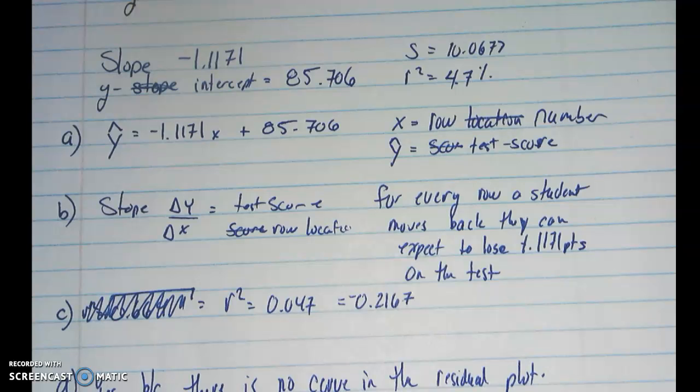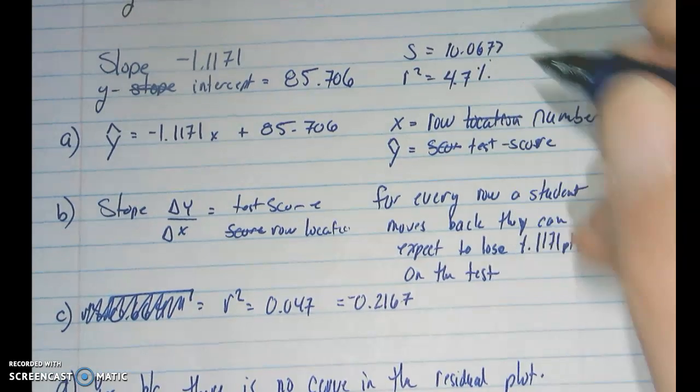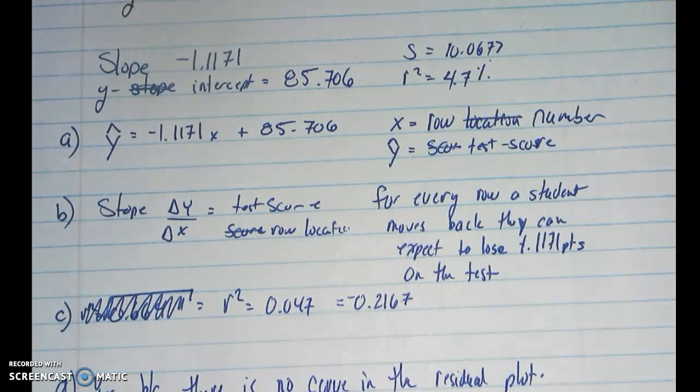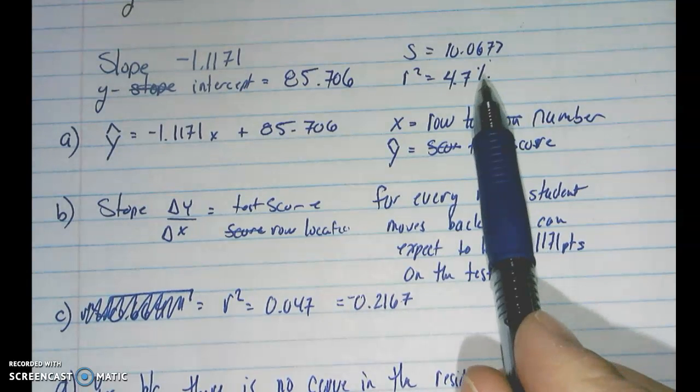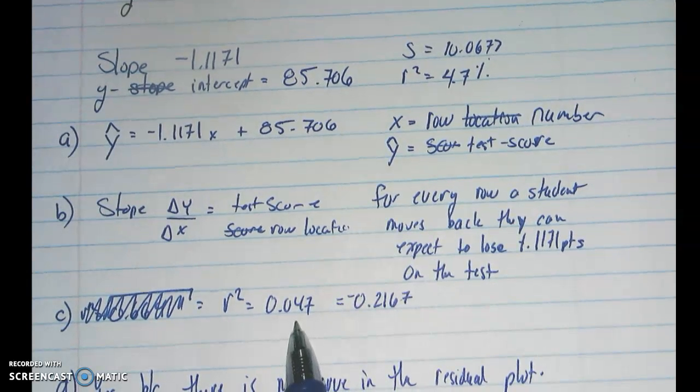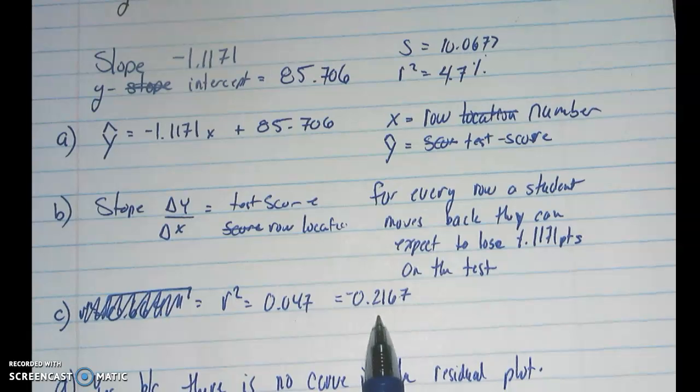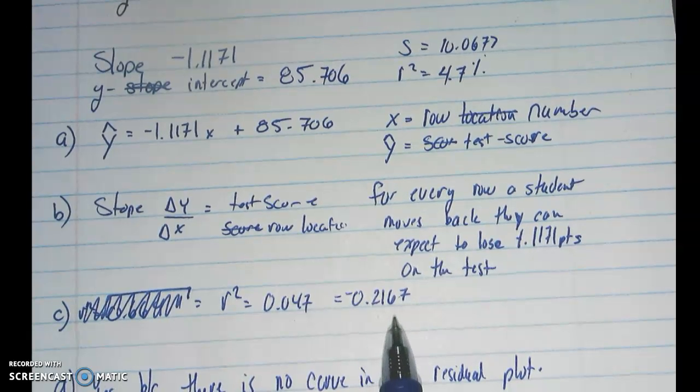Now, r-squared. The reason I'm using r-squared is that if I take the square root of r-squared, what do I get? I get the r, the correlation coefficient. So I have to change it from a percent back to a decimal, take the square root of it, and I get 0.2167. Why did I throw a negative in front of it?